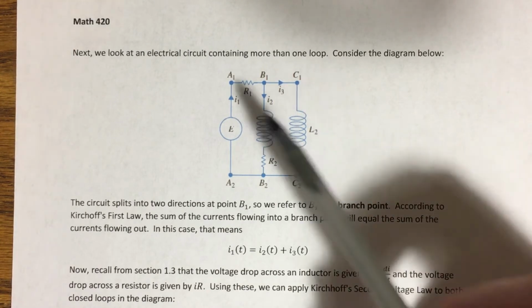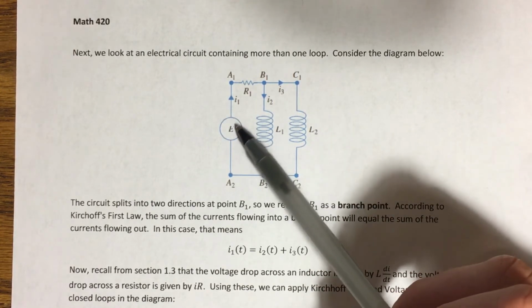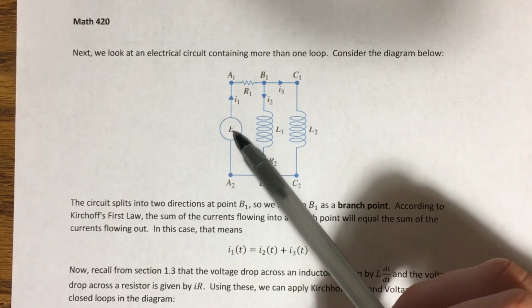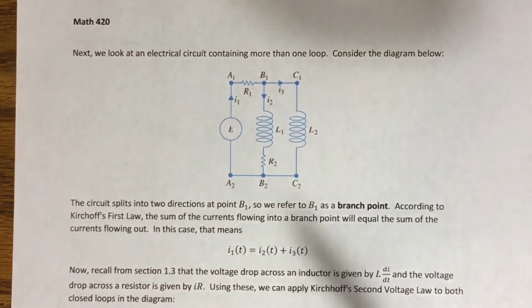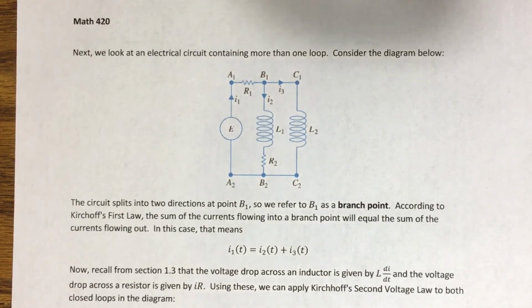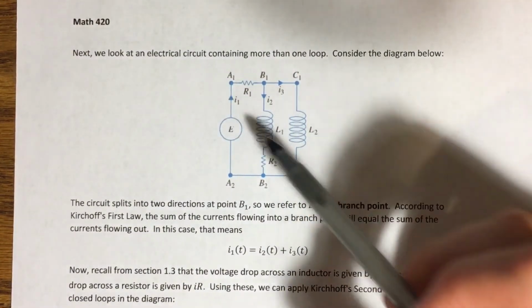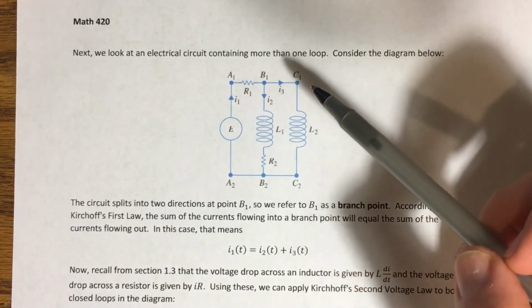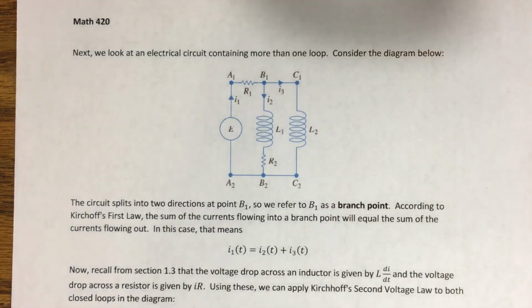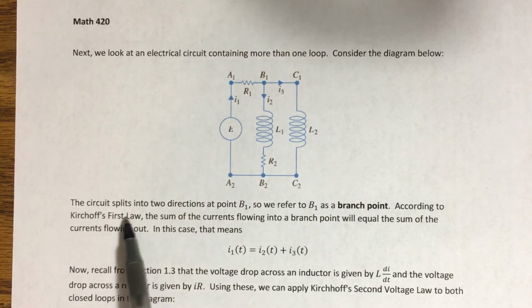Here, the E right here is going to represent a source, like a battery or something. It's going to represent where our voltage is coming from. Using this diagram, and something that we haven't talked about yet, Kirchhoff's first law. Let me actually talk about that.